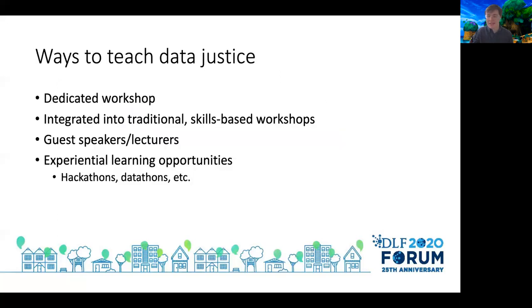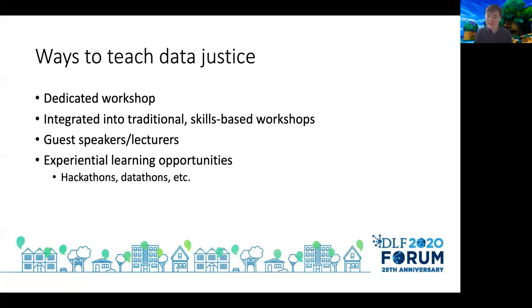So there are a few different ways that you can bring these concepts into your teaching, and I'll go more into detail about these in the upcoming slides. But first, teaching a dedicated workshop, or an entire workshop focused on data justice or the social impacts of technologies. You can also teach some of these concepts inside more traditional skills-based workshops. Say, for example, a workshop about data visualization or data cleaning.